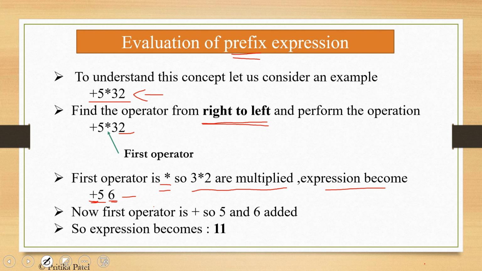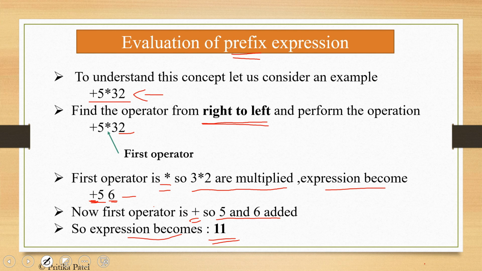Whenever we get an operator, we stop and perform the operation based on the operator. The first operator is plus, so 5 and 6 are added, and 6 plus 5 is equal to 11. So this is the evaluation of prefix expression.